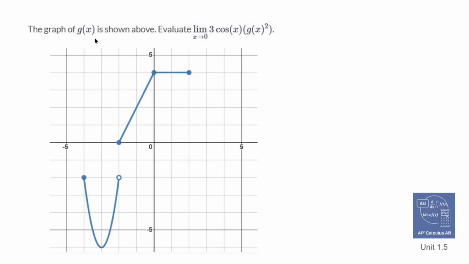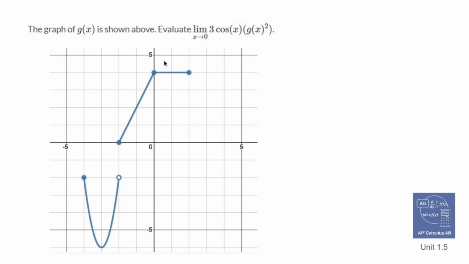The graph of g of x is shown below. Evaluate the limit as x approaches 0 of 3 cosine x g of x squared. So this is strange. This is like a weird extra problem that I'm just giving you more than necessary. Okay? No big deal.